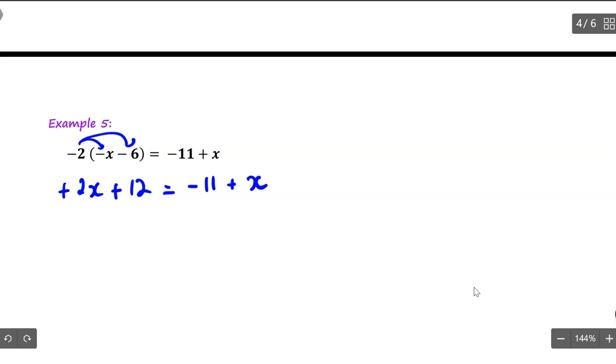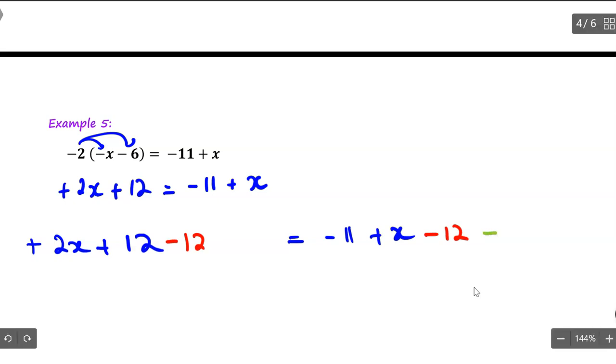Okay, so I will perform the steps to get rid of the numbers on one side and isolate the x on the left-hand side of the equation. The first thing I do is subtract the 12. So I subtract 12 here. The next thing I do is I put negative x.